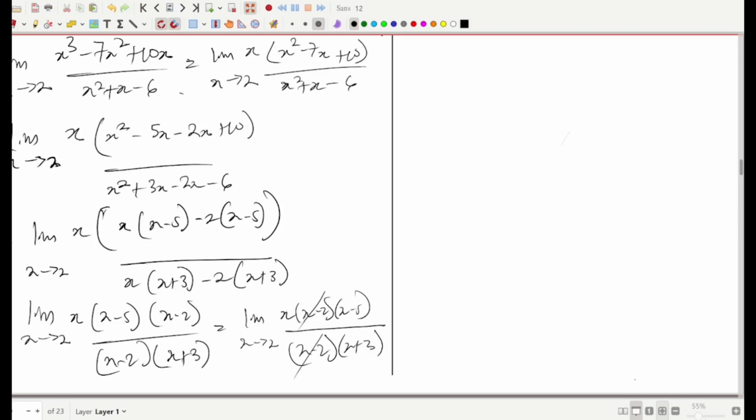x minus 2, x minus 2 is out. Then we have limit as x approaches 2, x minus 5 divided by x plus 3.